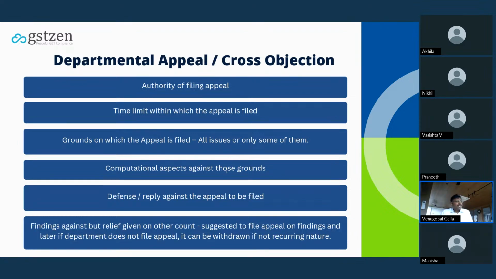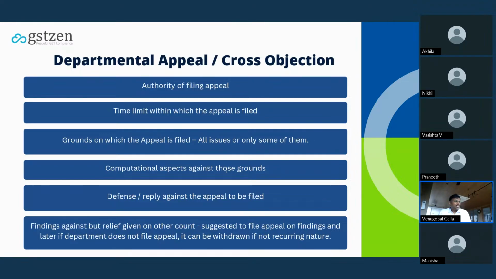And the time limit for the department appeal: like how I said under section 107, the appeal by the SSC is 3 months. Here, the time limit for the department appeal is 6 months. This is a little extra time they have got, considering the speed at which they will work.